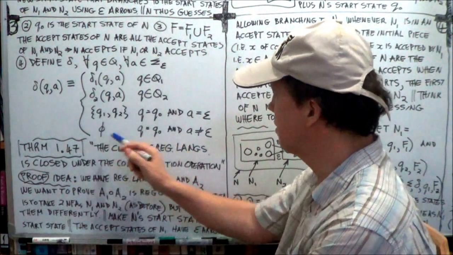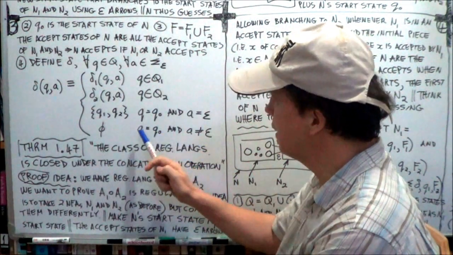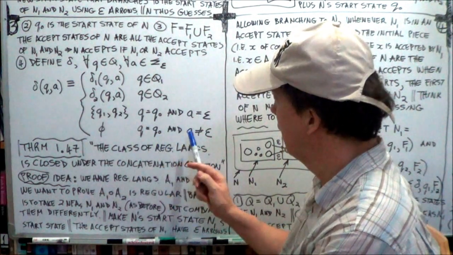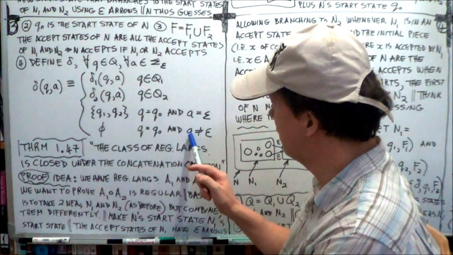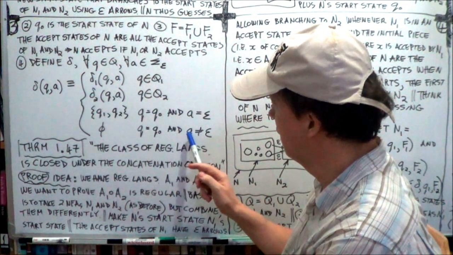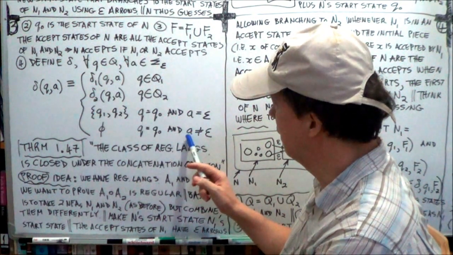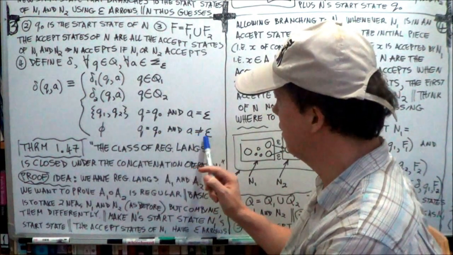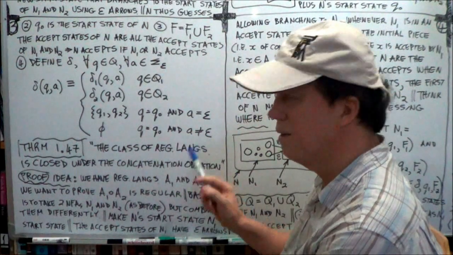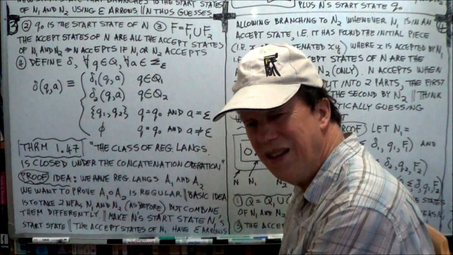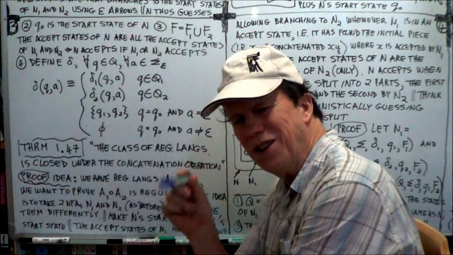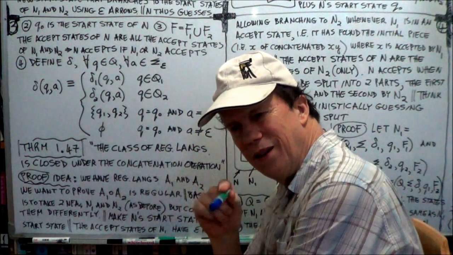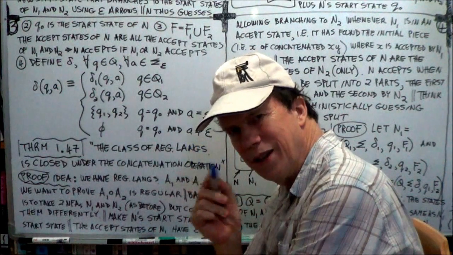Okay, so what's going on here? Okay, so the current state is the start state of N, okay, and the symbol on the arrows from the start state is not eta. Well, I don't understand that, because when you look at the diagram of the previous session, there are two arrows coming out of the start state of N, right?